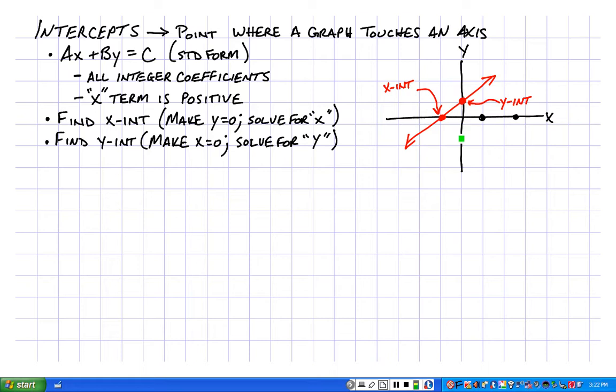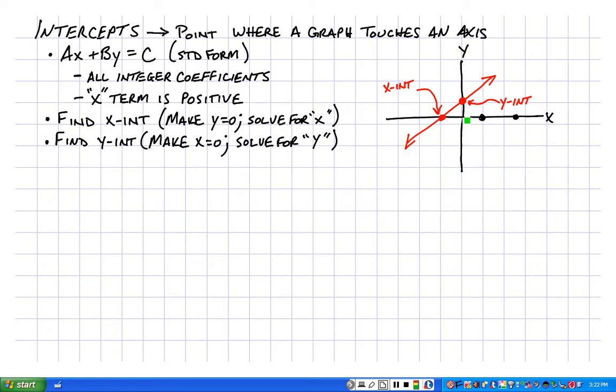If we see a point on the y-axis like this one, that's considered a y-intercept. It's touching the y-axis. Anytime you're on the y-axis, x is 0. For this point, y has some positive value, since it's above the origin, and x would be 0.